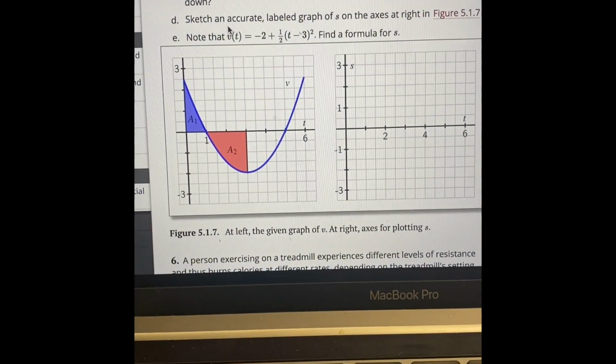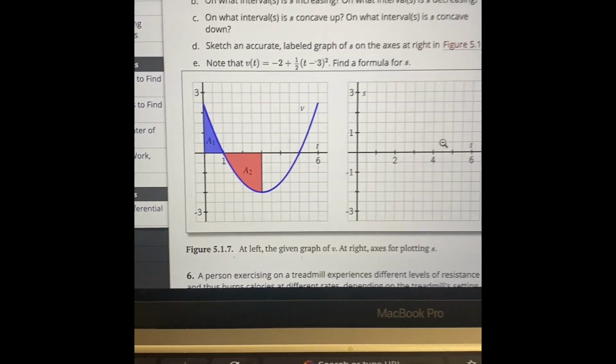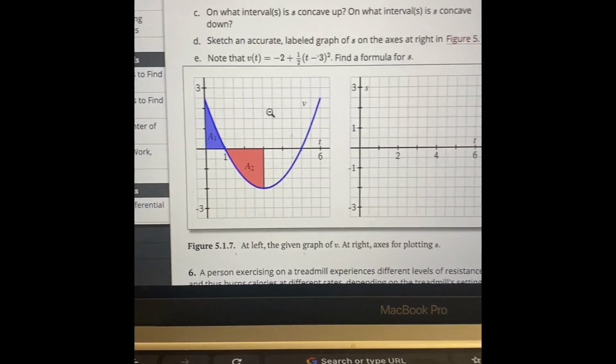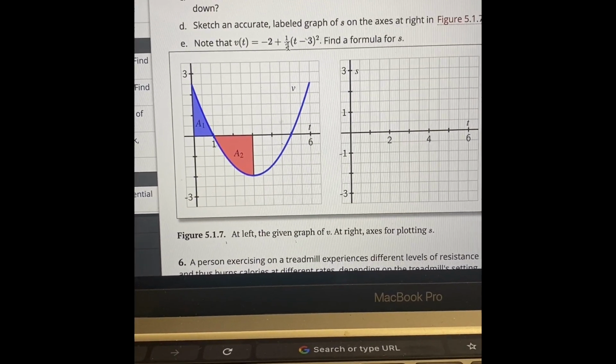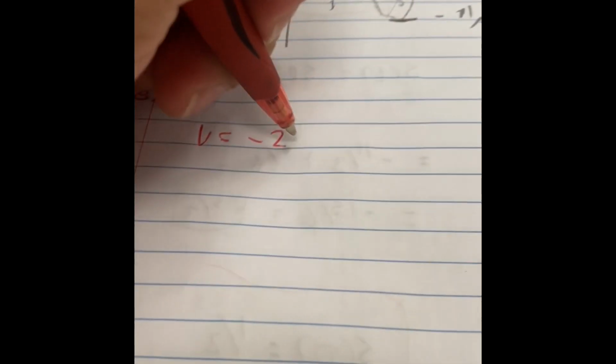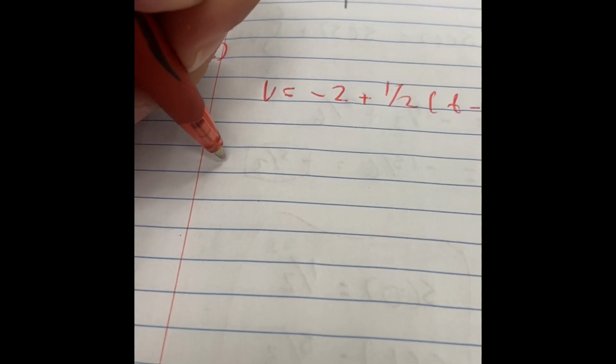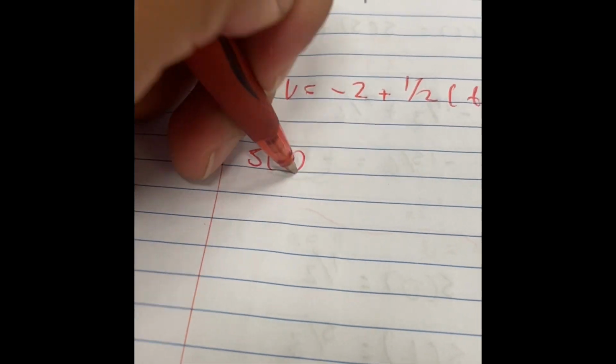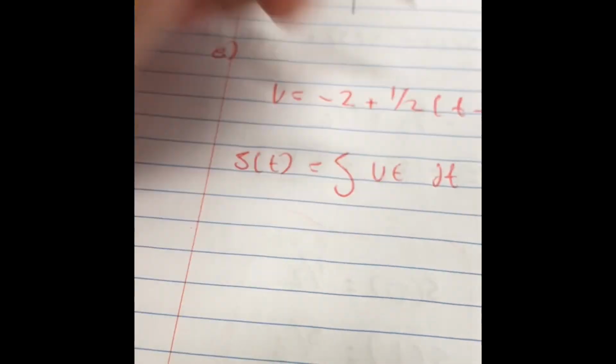For the last part, which is E, they're asking us to find the formula of the graph of S of t. They're providing us the equation of the velocity graph. So if v of t equals -2 plus 1/2 times (t minus 3) squared, we know that S of t is equal to the integral of v of t dt.